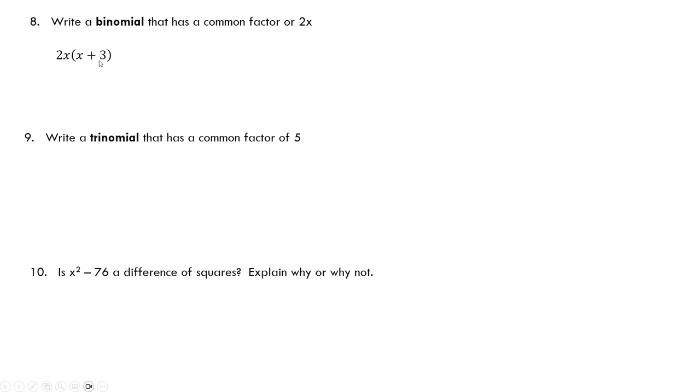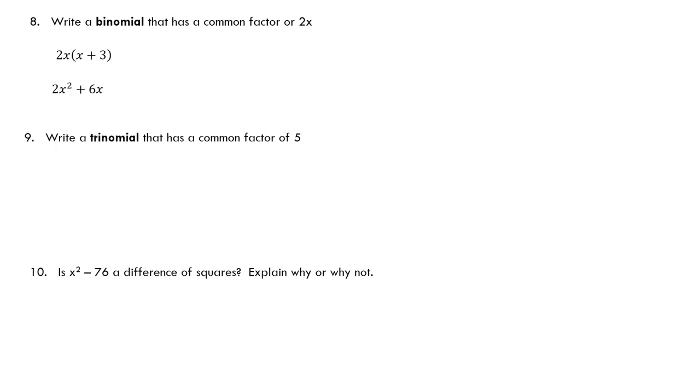Here's a binomial of some sort on the inside. And when we multiply it out, expand it, we get 2x squared plus 6x. So 2x squared plus 6x is an example of a binomial that has a common factor of 2x.